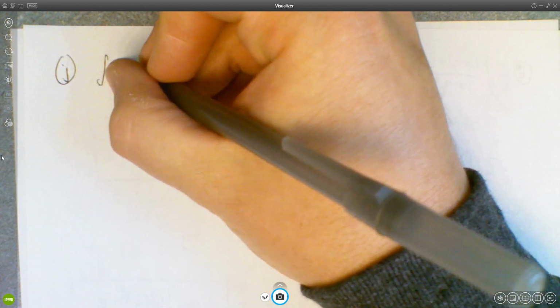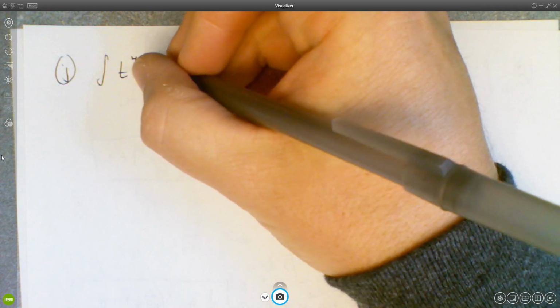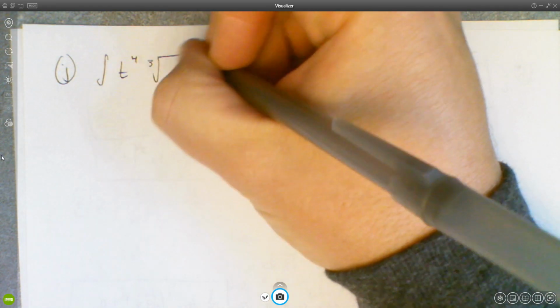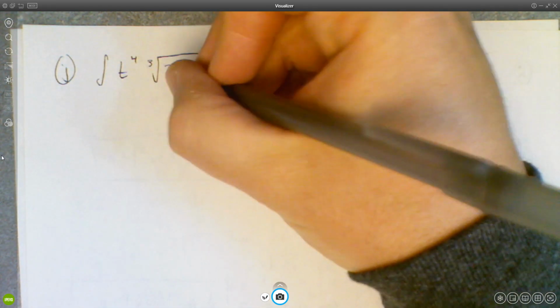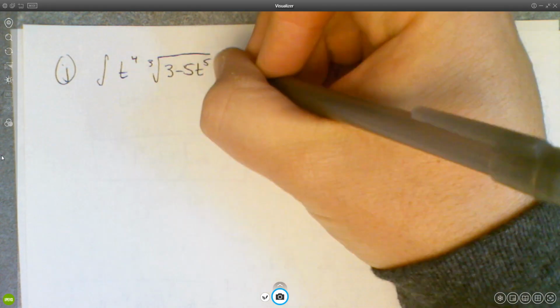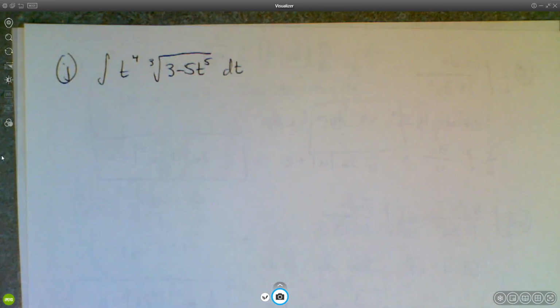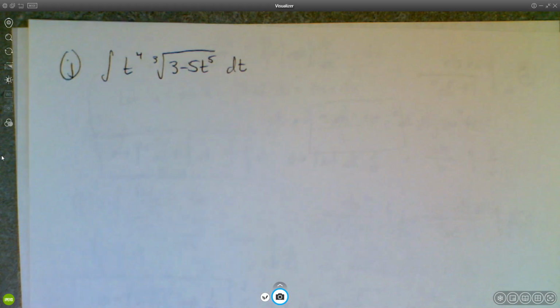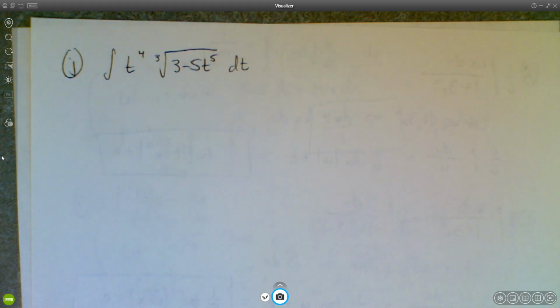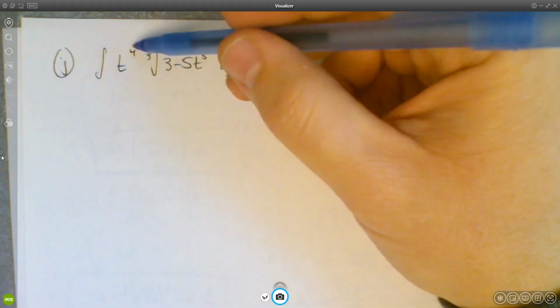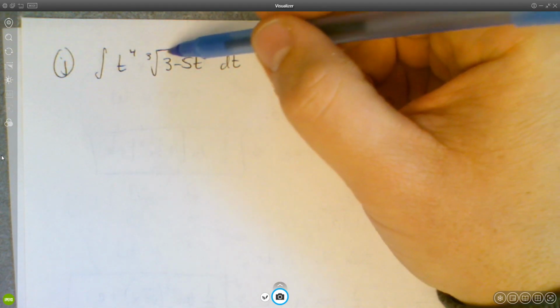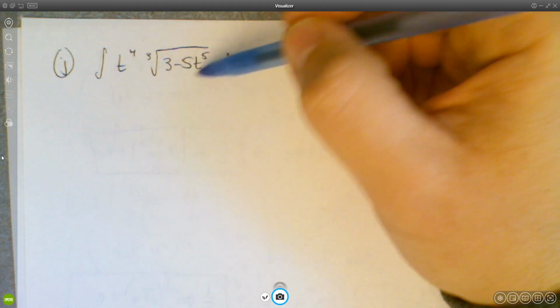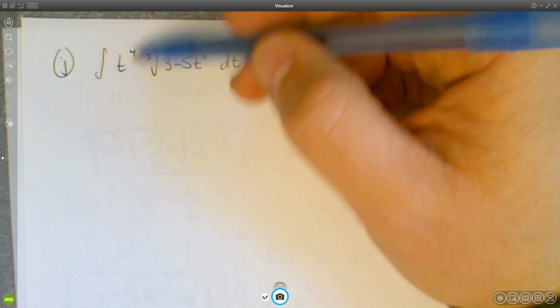Let's see. So let's do the integral of t to the 4th power times the cube root of 3 minus 5t to the 5th power dt. Well, this is a clear case where you've got the derivative. Here you've got an inside function. You take the derivative of that, you're going to get something t to the 4th, which is sitting just right out here.